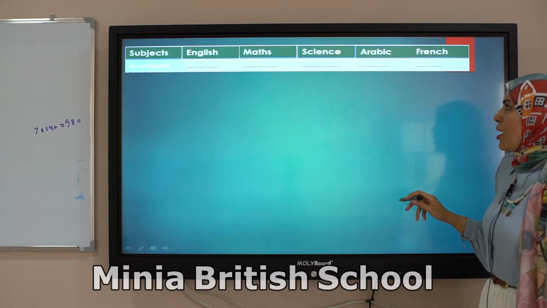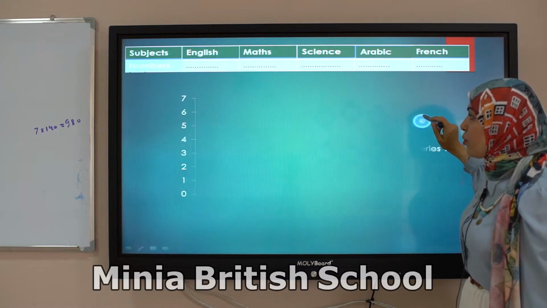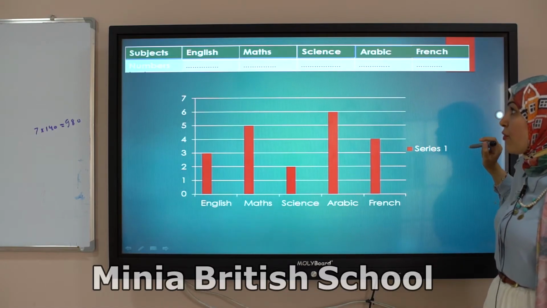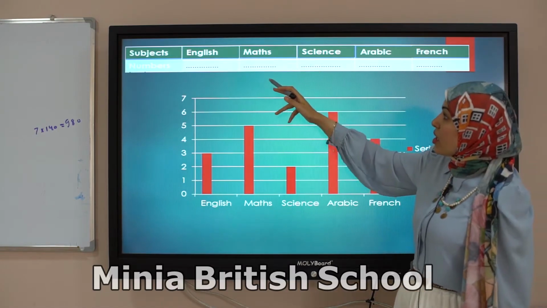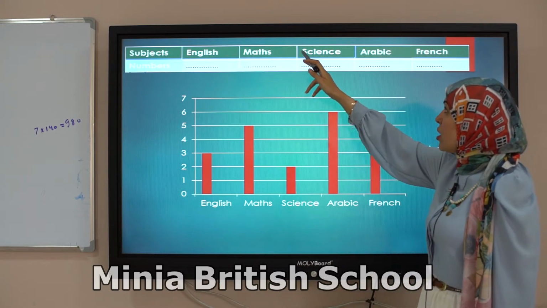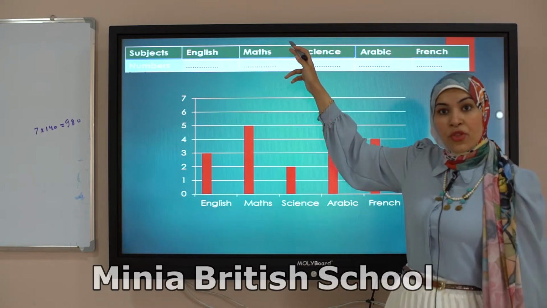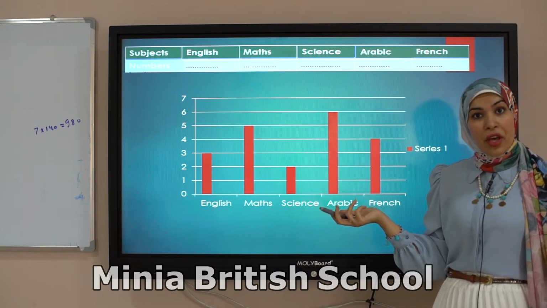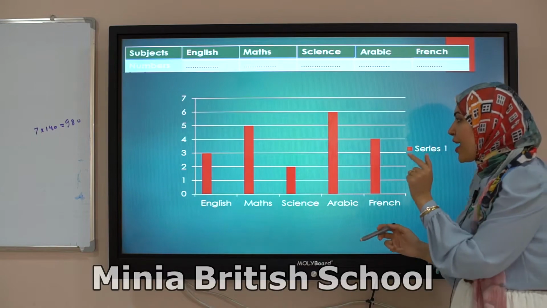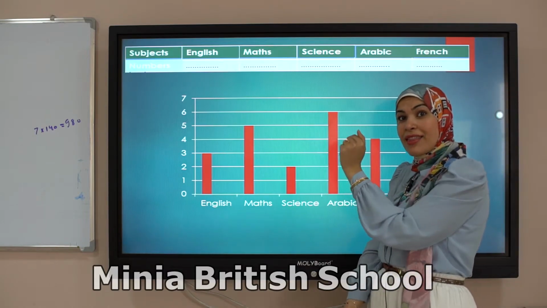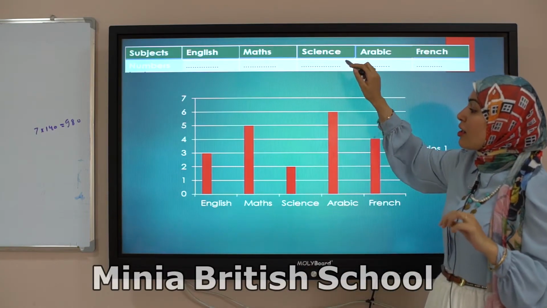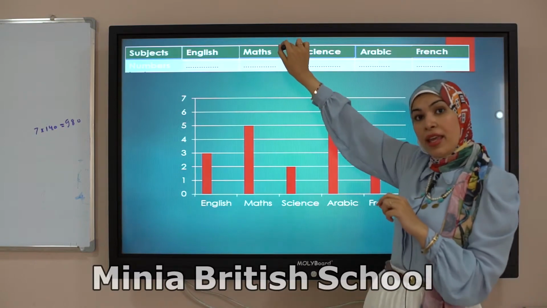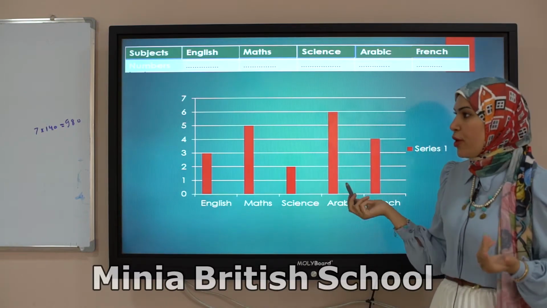Okay. Here I have a table, and this is the graph. Oh, look at the table. In the first row I have the names of subjects, but in the second row I don't have numbers. Oh, but I have the data in the graph. So here I represent the data in the table, not in the graph.